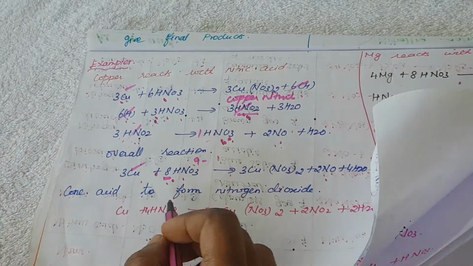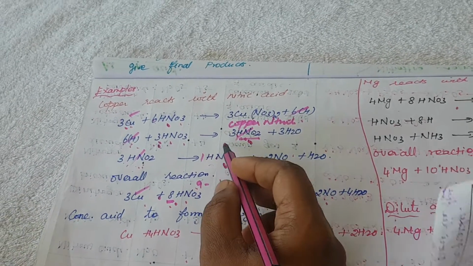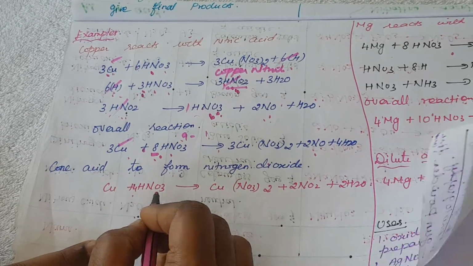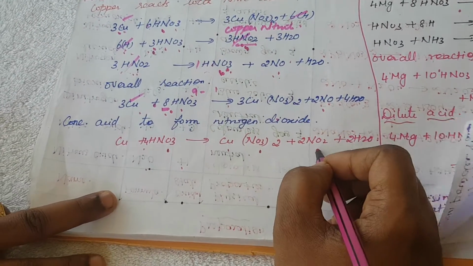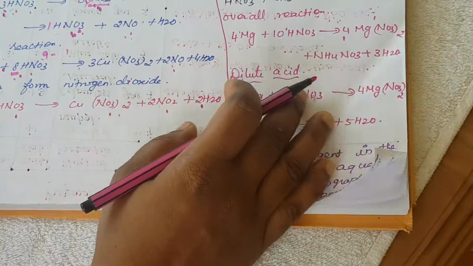Copper plus concentrated acid forms nitrogen dioxide. Normally it is nitric acid, but with concentrated nitric acid, copper nitrate, NO2 plus H2O forms. So that is the one line equation.